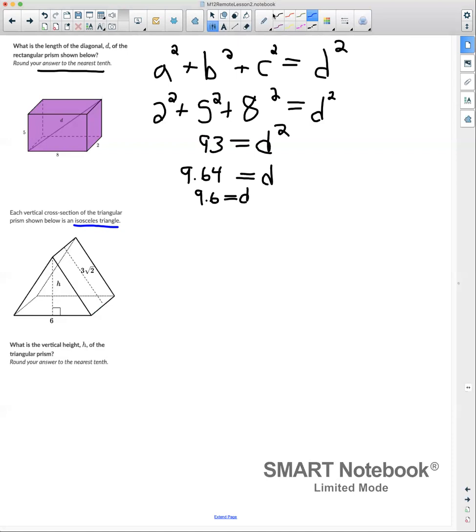In this triangle, I can just draw it again to figure out the height. We have 3 radical 2 on the hypotenuse, h is what we're missing, and 6 is the entire base. So half of the base is just 3.